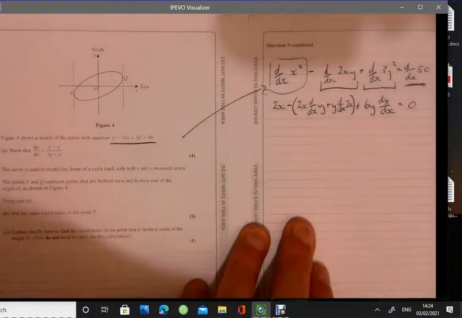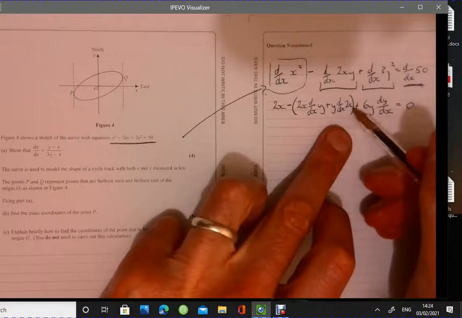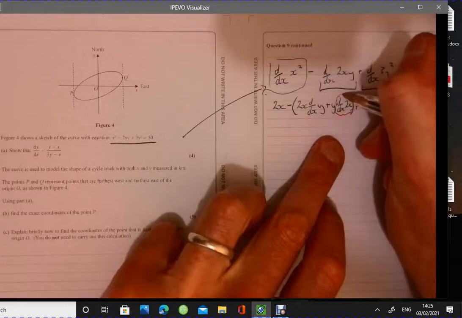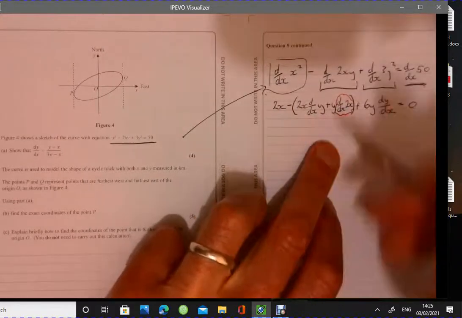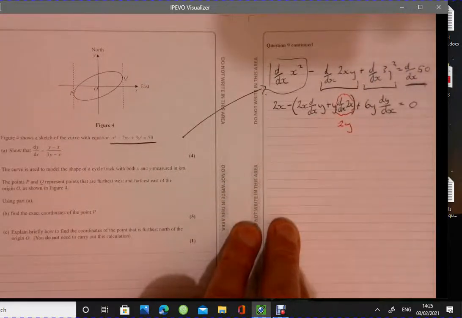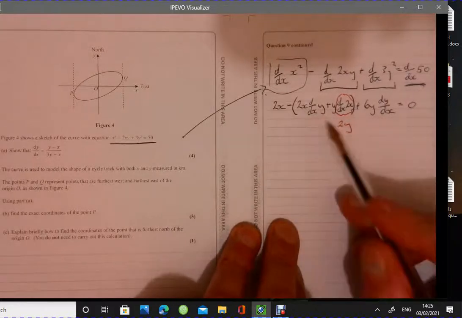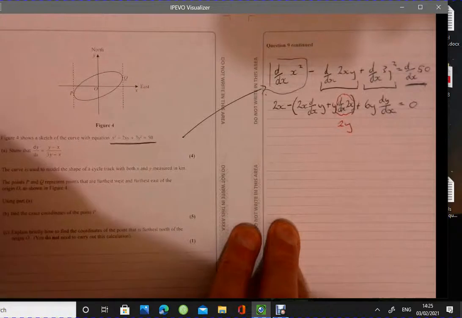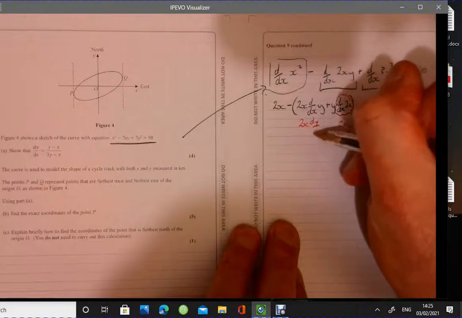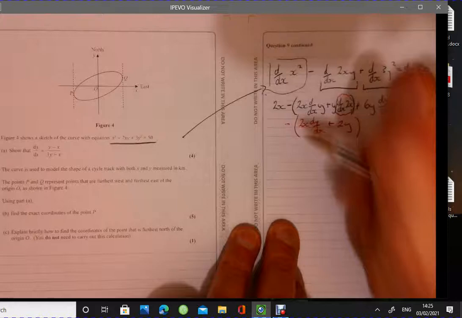This one's the easier one to begin with because that's just 2 there, so that's going to give us just 2y. This one is slightly trickier. If I differentiate the y, remember you're going to get 2x dy over dx. Got a plus there. Remember it's minus the whole thing.